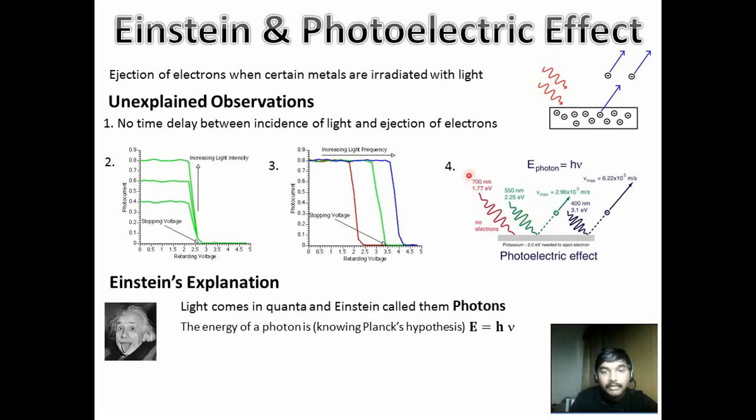If this is irradiated with anything which has less energy, then no electrons will be emitted. With exactly that energy, the electron will be emitted, but it will have zero kinetic energy. And if you impinge it with higher energy photons, the electrons which are being emitted will move out with higher and higher speed.